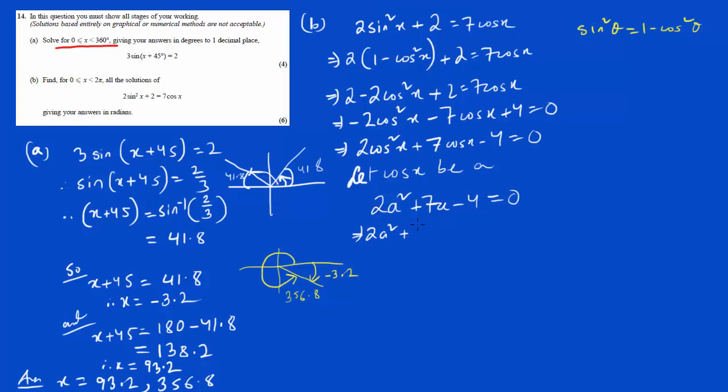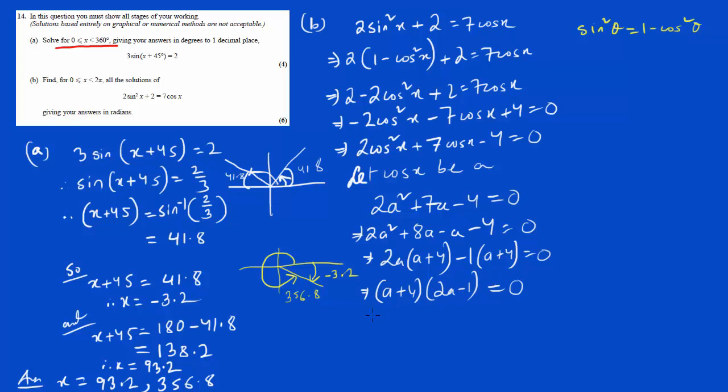That would be 2a squared plus 8a minus a. 8 1s are 8. So minus 4. So this would be twice a plus 4 minus 1, a plus 4 equals 0. So we will have a plus 4 and twice a minus 1 equals 0. So we have two values, a equals minus 4 or a equals half.